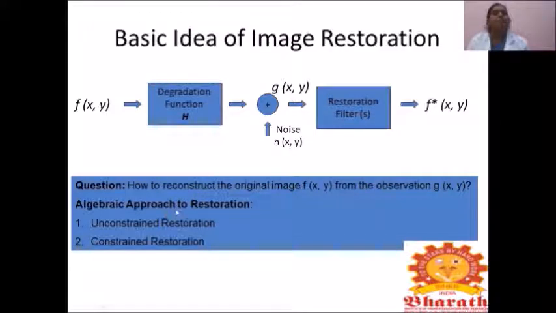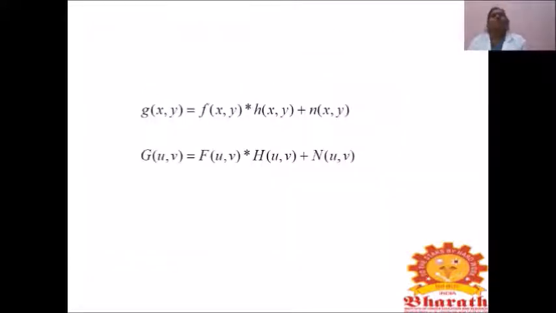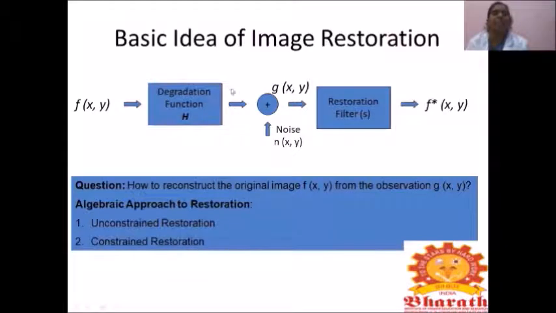The algebraic approach of restoration is of two types. One is unconstrained restoration, another one is constrained restoration. And this is the formula for image restoration, which can be written from this diagram. g of x comma y is equal to the original image f of x comma y convolved with the degradation function, then adding the noise.